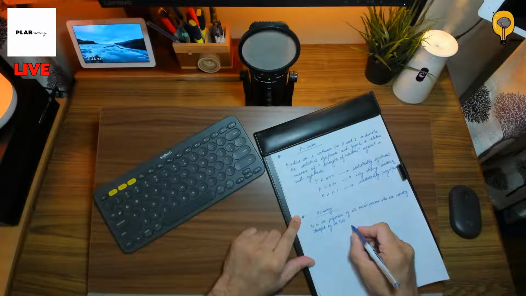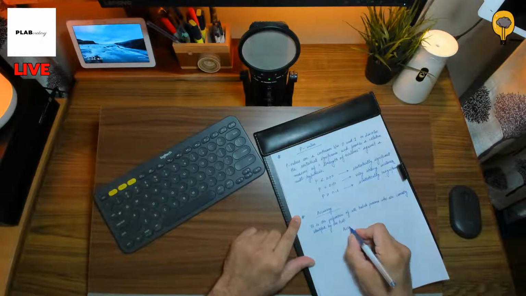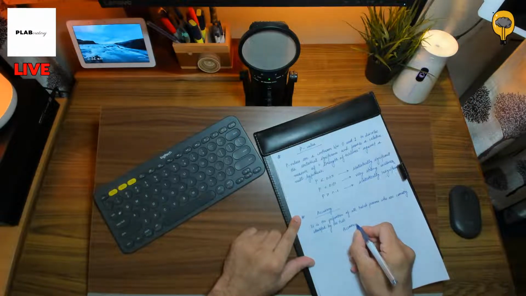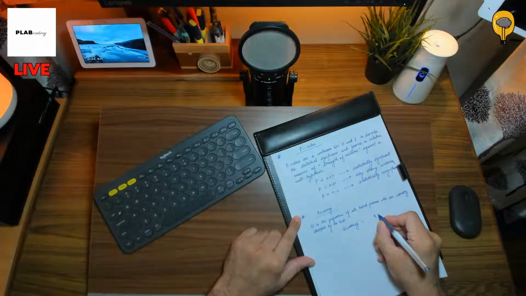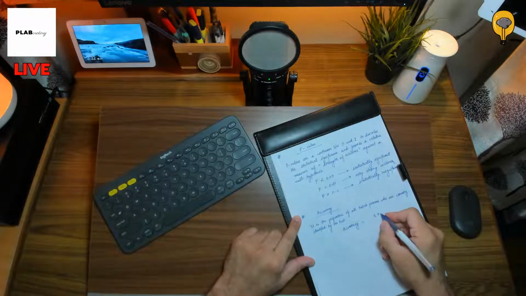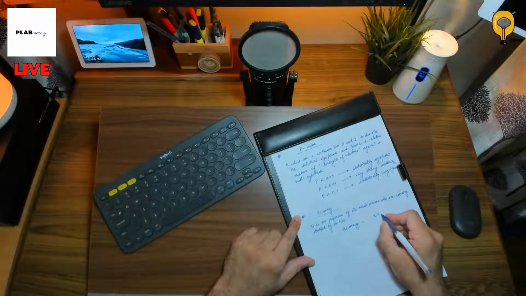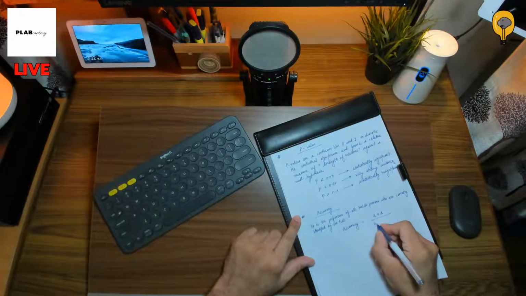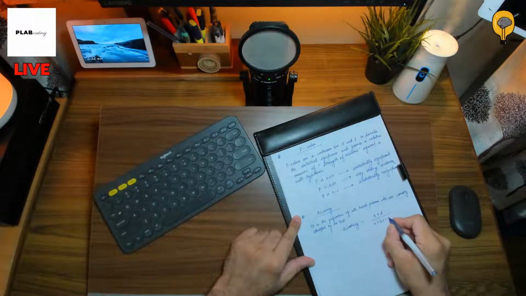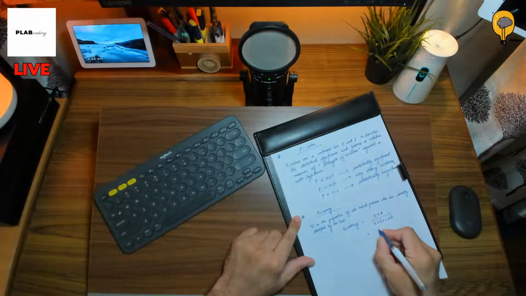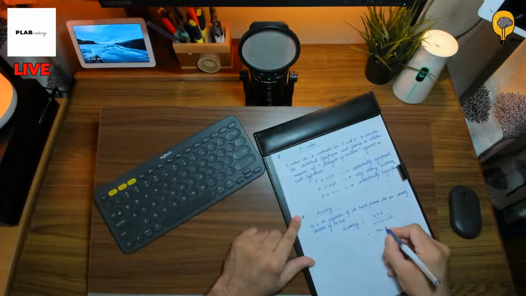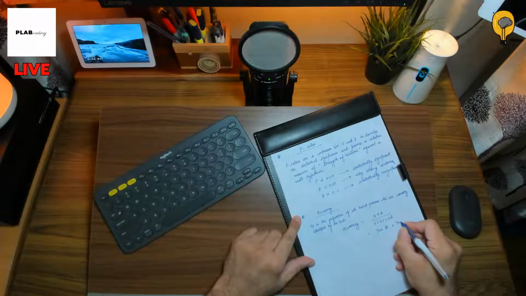And accuracy is equal to A plus D on A plus B plus C plus D, that is true positive plus true negative.